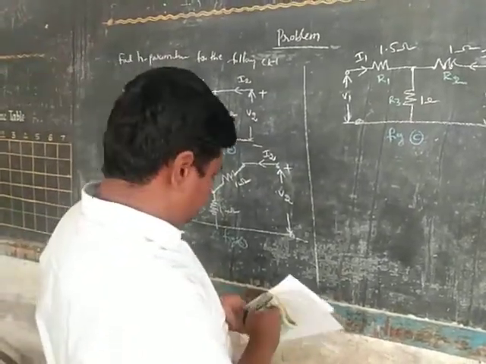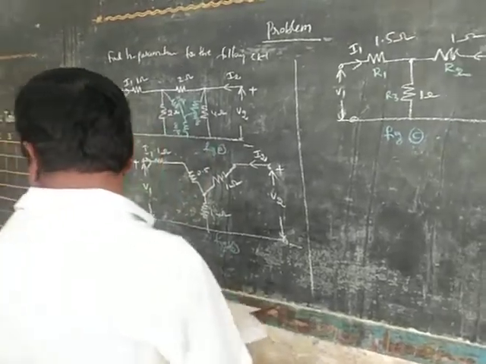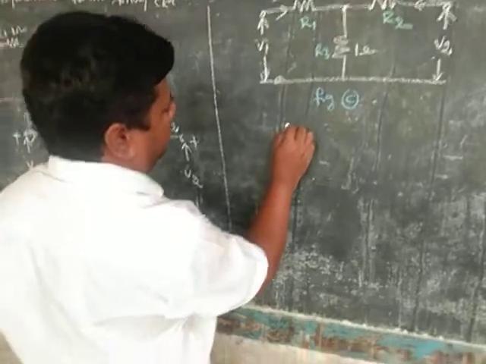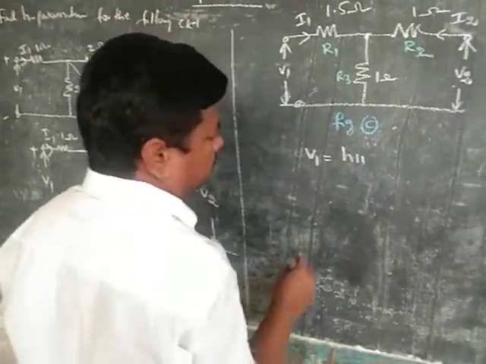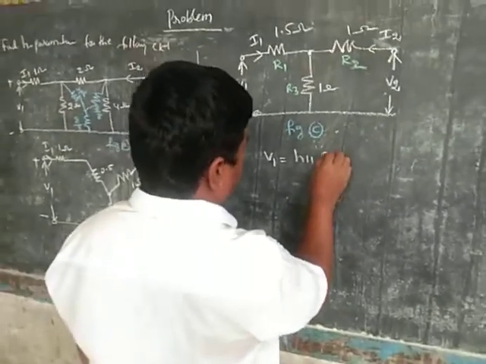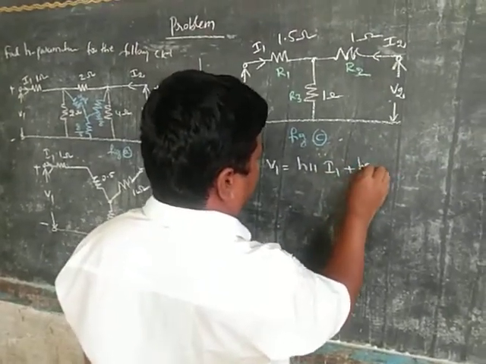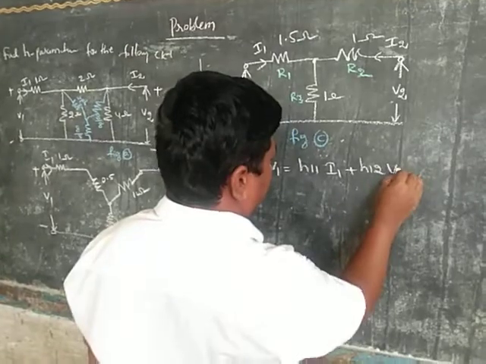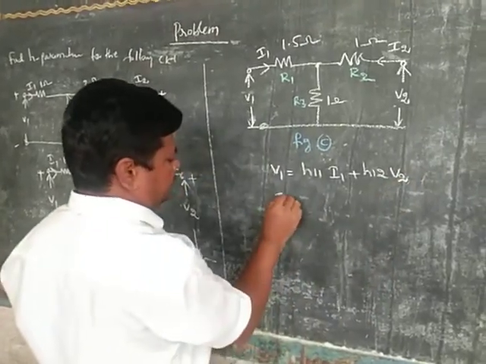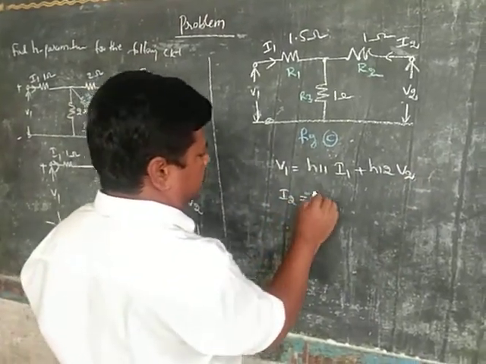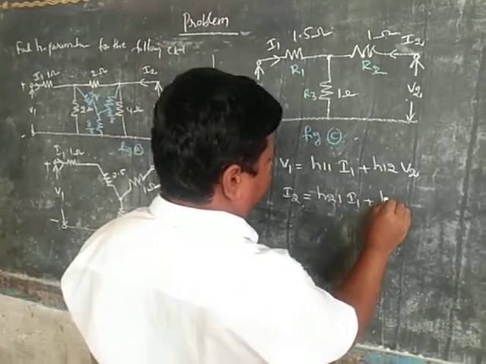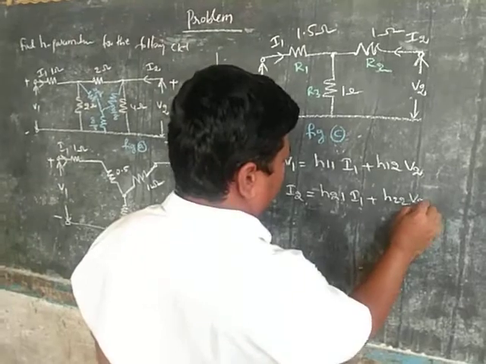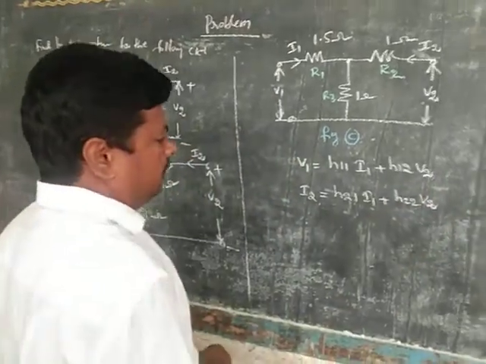Now by using this, you can find the H parameters. Already for the H parameters, V1 is equal to H11 into I1 plus H12 into V2. Similarly, I2 is equal to H21 I1 plus H22 V2. Now find them out one by one.